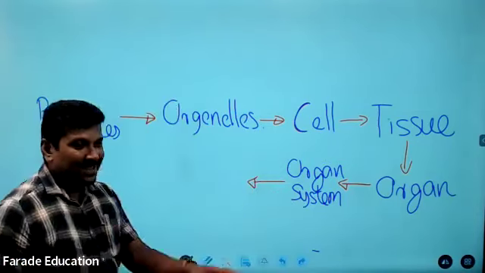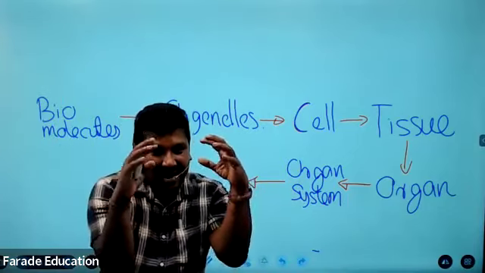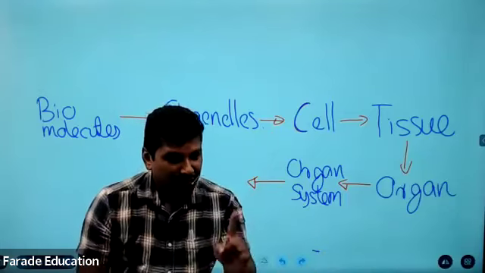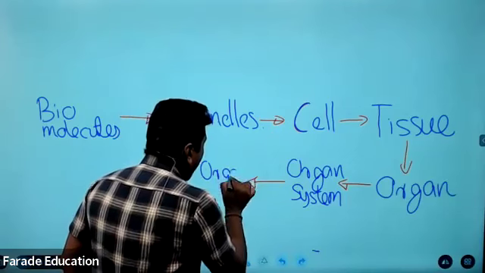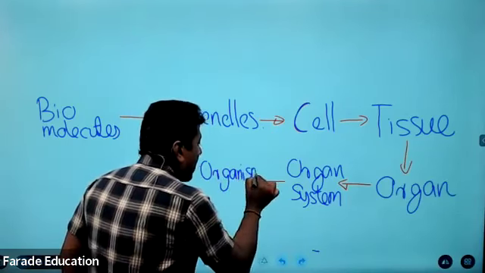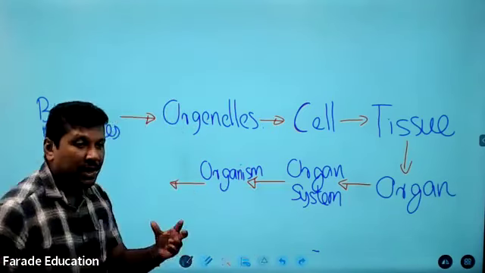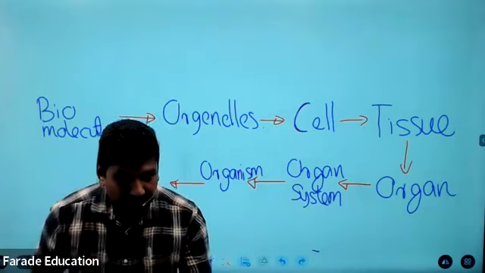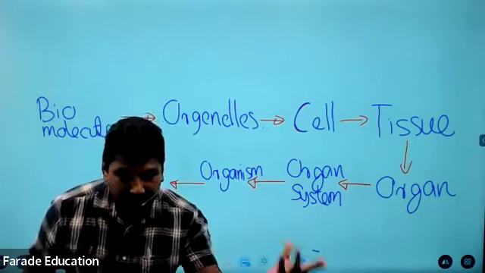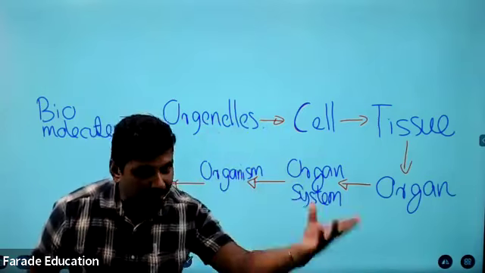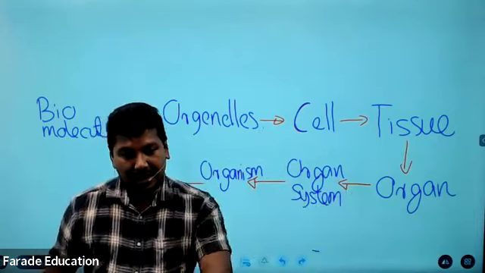Different systems collect and form one organism. That means you produce a human being, a cow, a donkey, a bird, a cat, a fungus, a mango tree, a grass, whatever. Any organism is made.